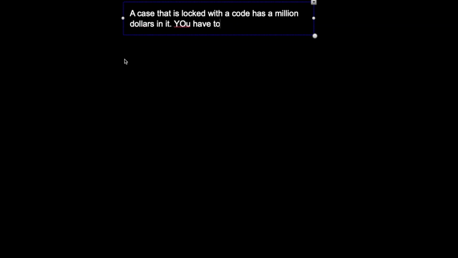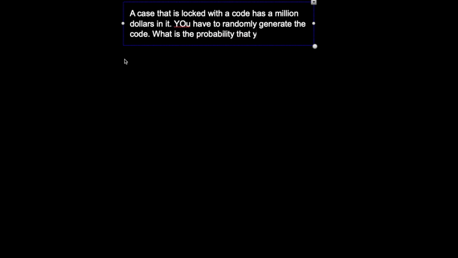You have to randomly generate the code because you're trying to get that $1 million. What is the probability that you randomly, you're only trying once, you get one shot. What is the probability that you randomly generate the correct code and get your $1 million?